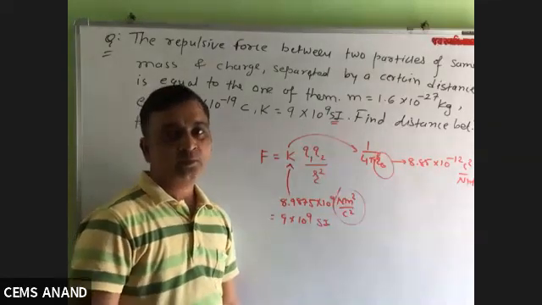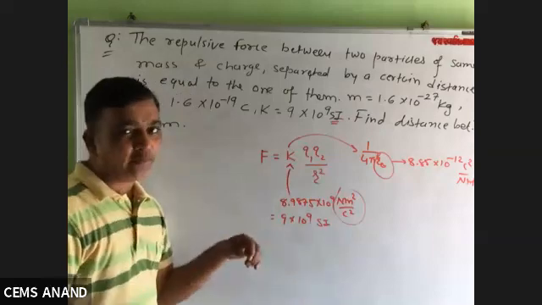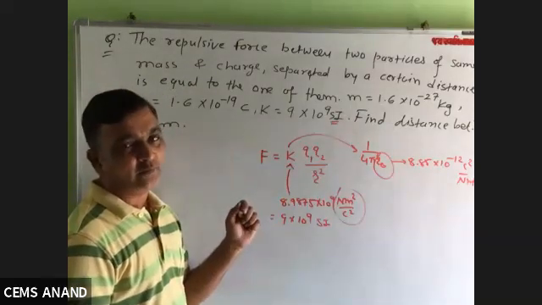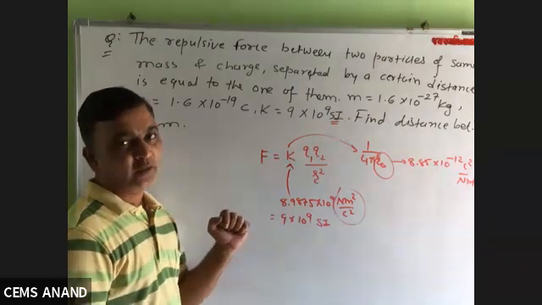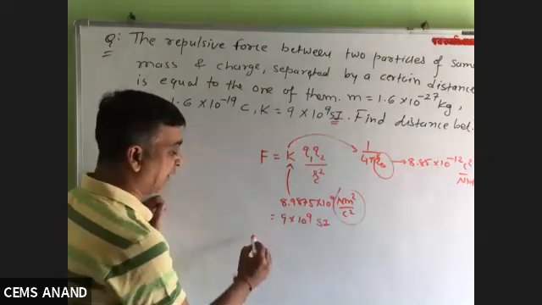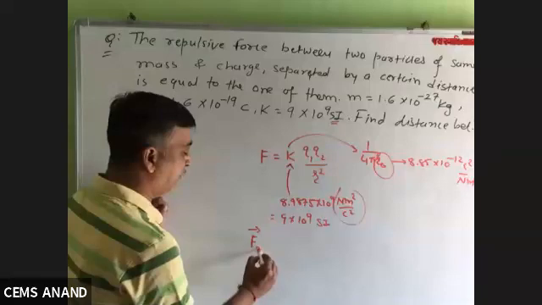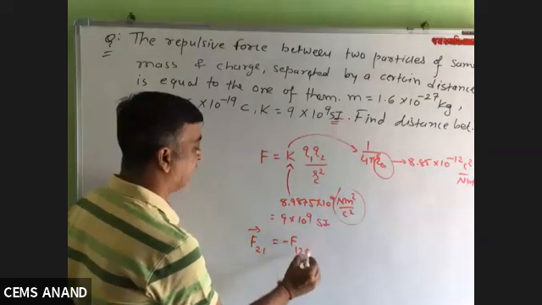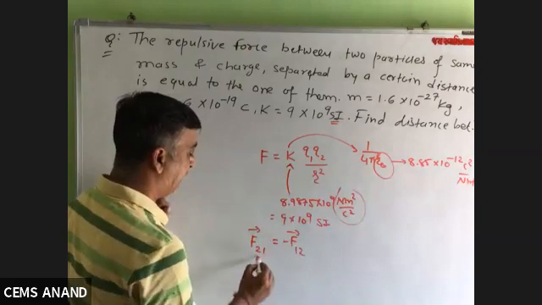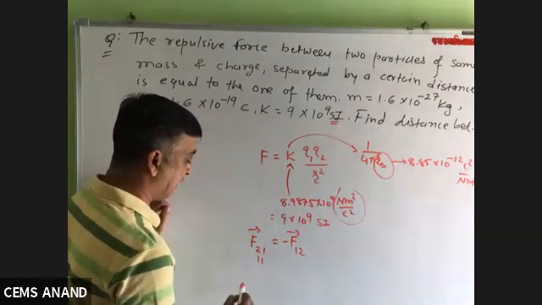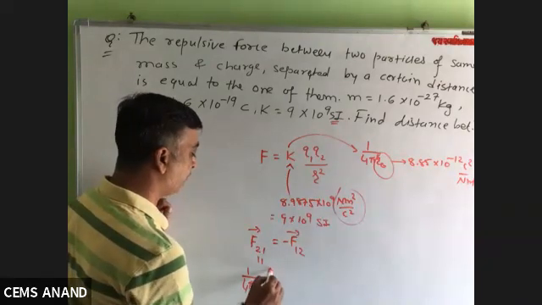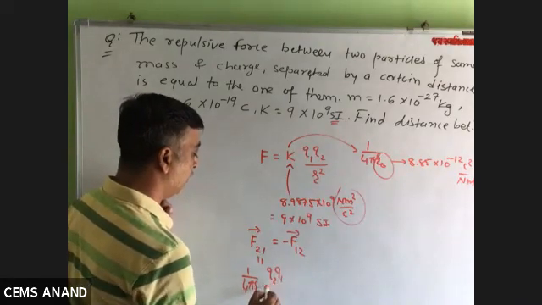Now, the next topic we discussed was its vector form, the vector form of Coulomb's law. In that particular theorem, we derived F21 is equal to minus F12. And F21 is equal to 1 upon 4 pi epsilon 0 Q1 Q2.